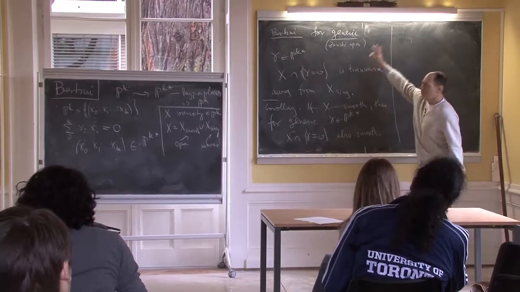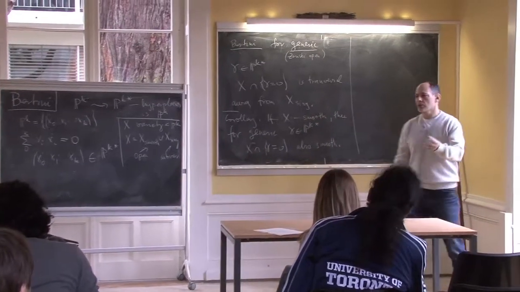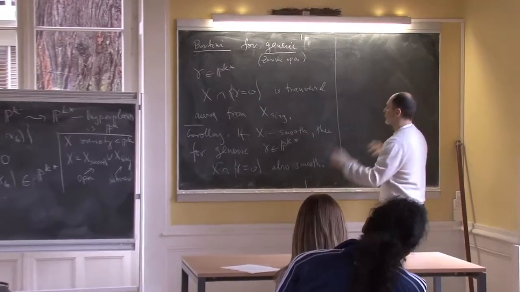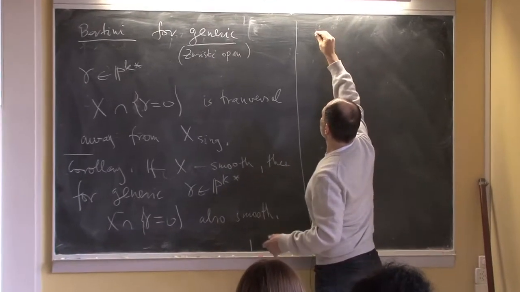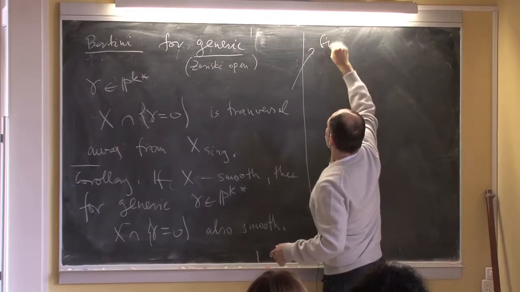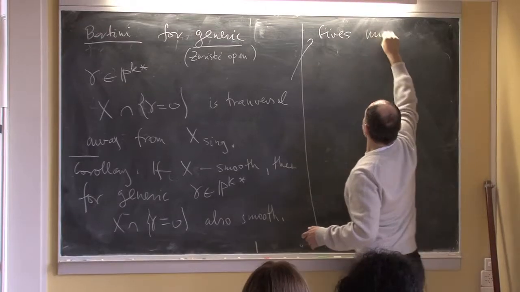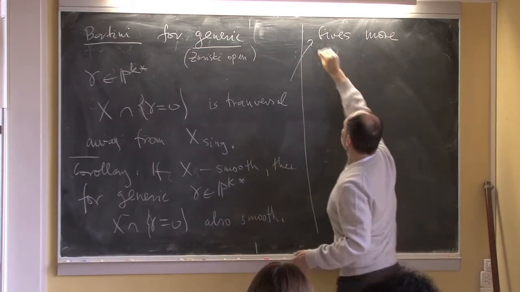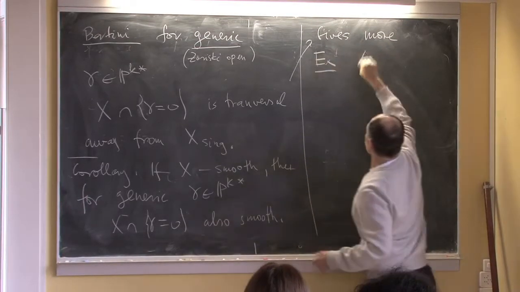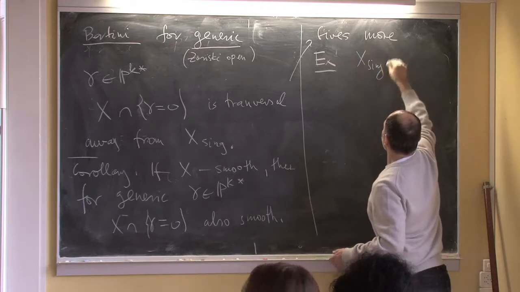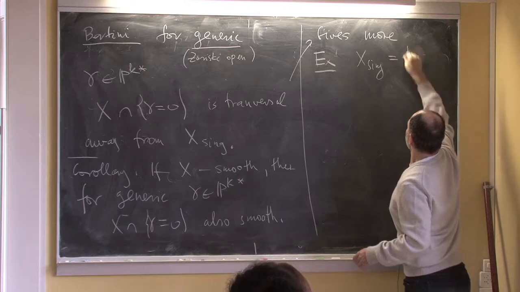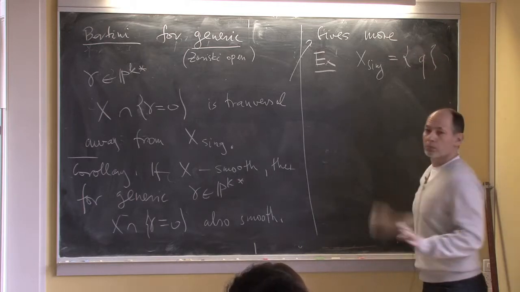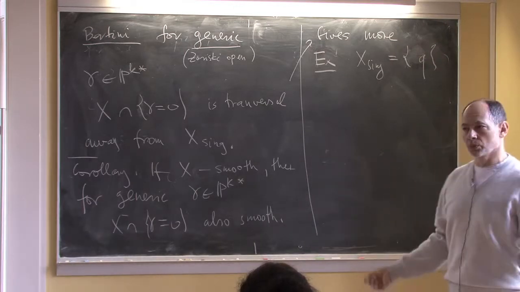But the way I formulated it gives you a little more, because imagine, for example, that you have just one point which is singular. Suppose that X singular is just a point Q, singular, everything else is smooth.